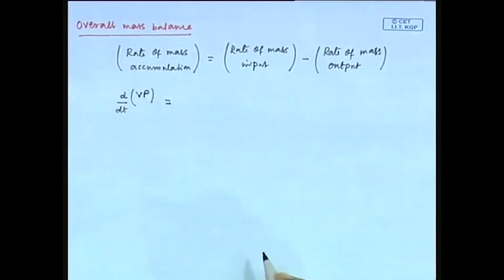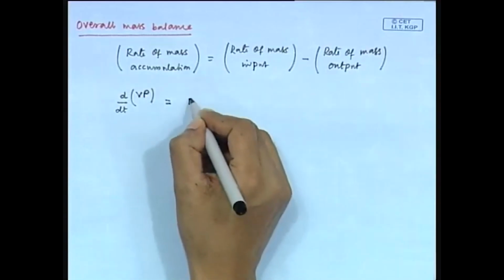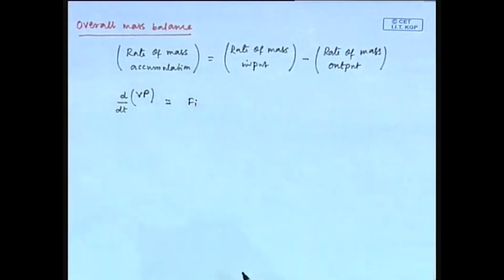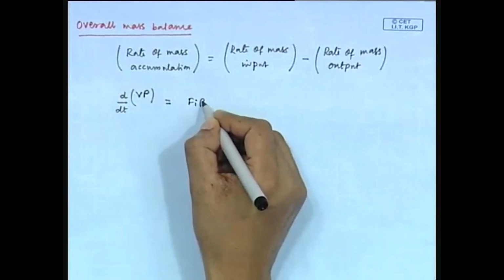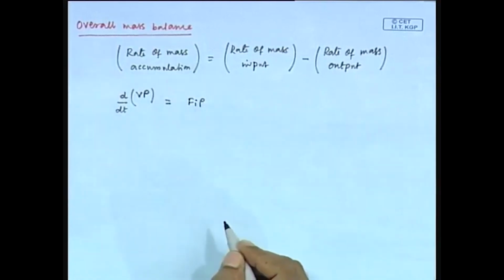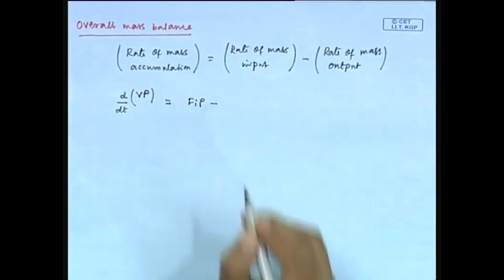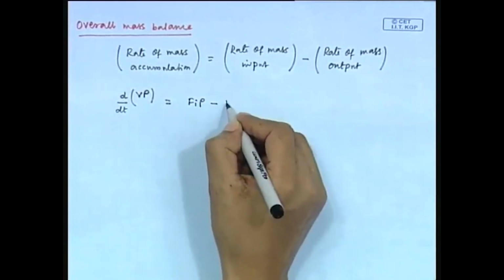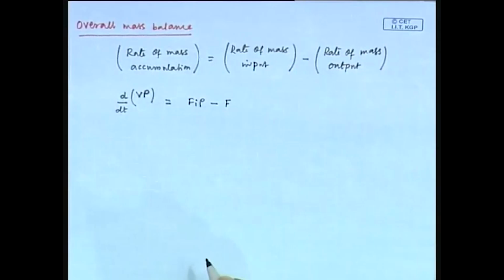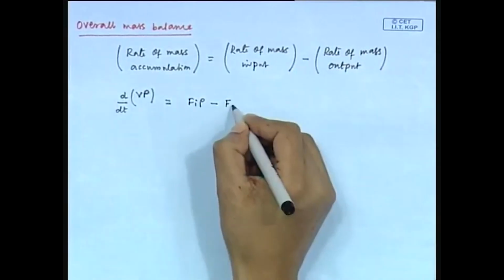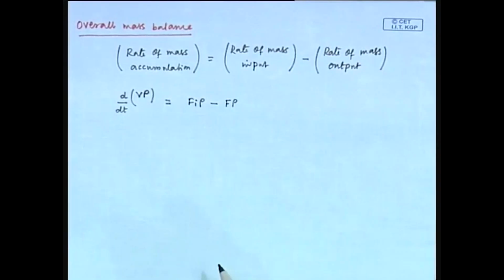Now, the rate of mass input to the system is basically Fi, but we know that Fi is the volumetric flow rate. So, we have to multiply with rho. So, Fi multiplied by rho is the input mass rate. Similarly, the output volumetric flow rate is F. If we multiply with rho, then this is the output rate.